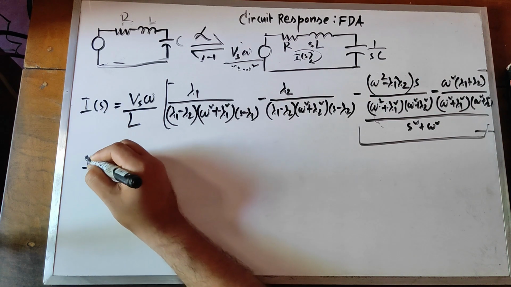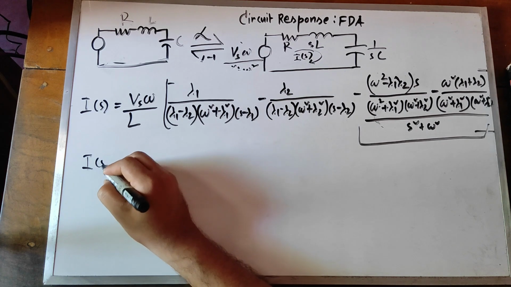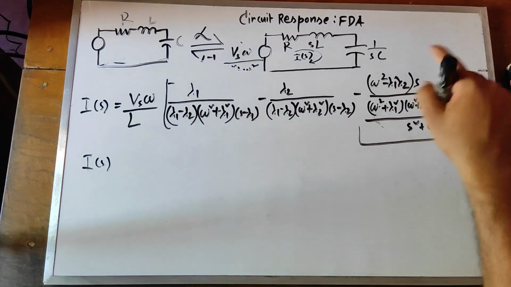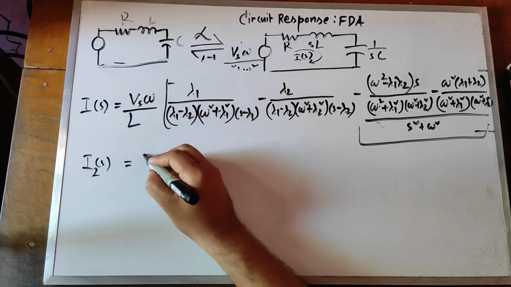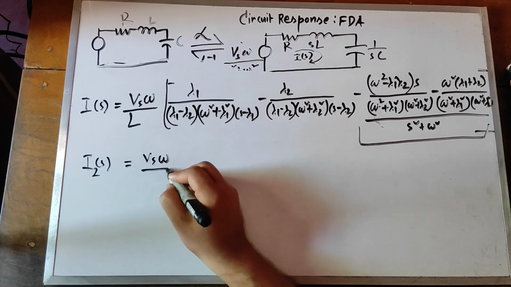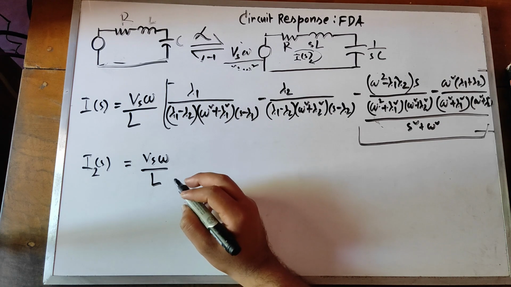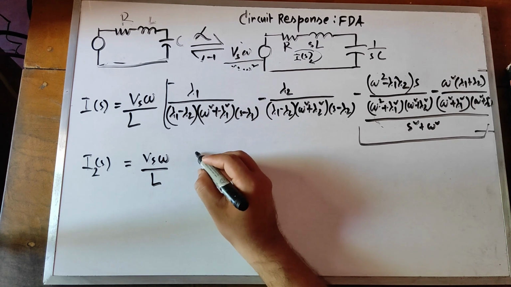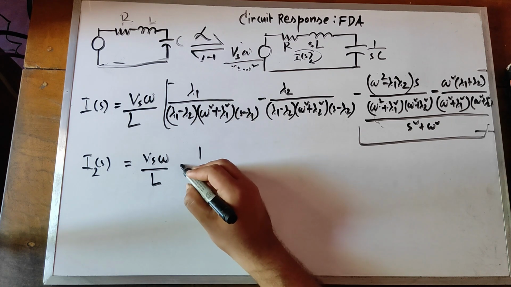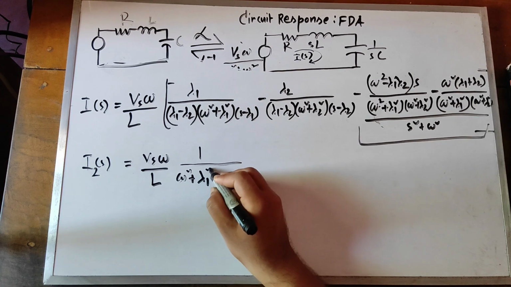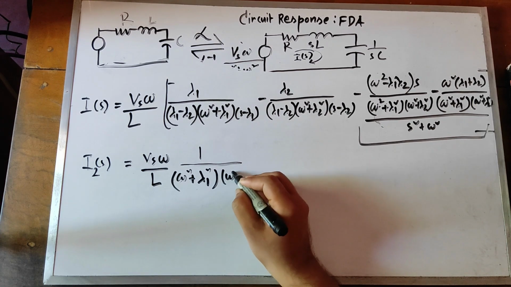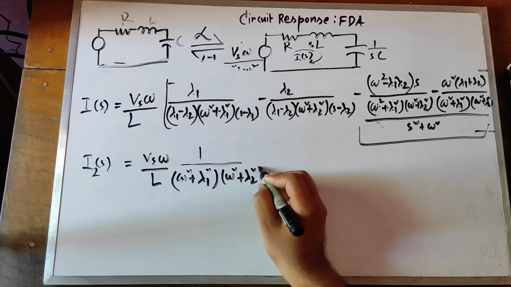So I is, for this part, the second part, say it as 2. So v is omega by L. If I take the common out, 1 by omega square plus lambda 1 squared omega square plus lambda 2 squared.